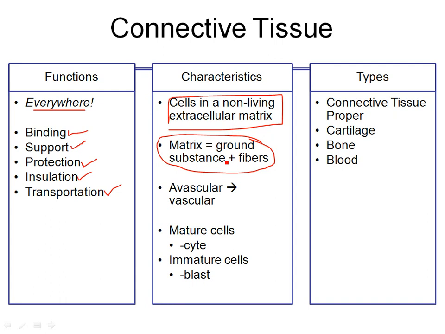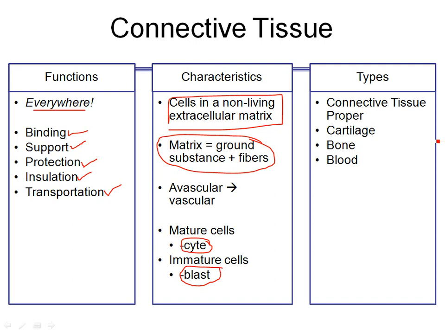Again, diverse group, so it can be avascular all the way to vascular. And we have two populations of cells in connective. If you see the suffix "site," that means that cell is mature, it's performing its function, it's usually not able to divide. If you see the suffix "blast," that's an immature cell, it can perform function, but it can divide.